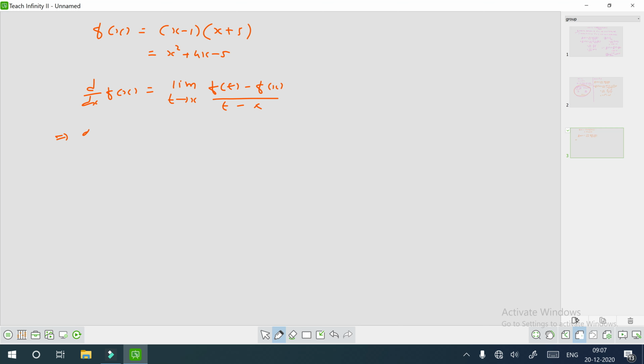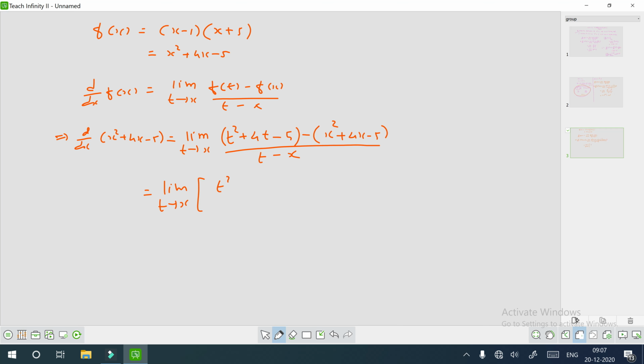This implies d by dx of (x square plus 4x minus 5) is equal to limit t tends to x, (t square plus 4t minus 5) minus (x square plus 4x minus 5) over t minus x. I hope all of you are following me.